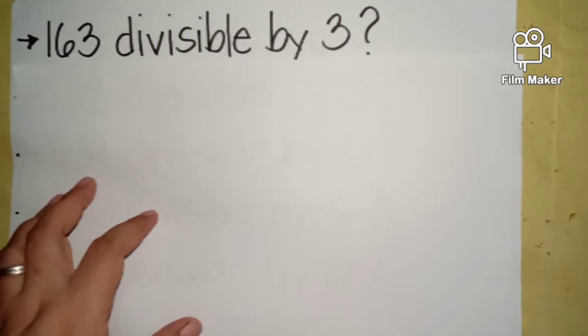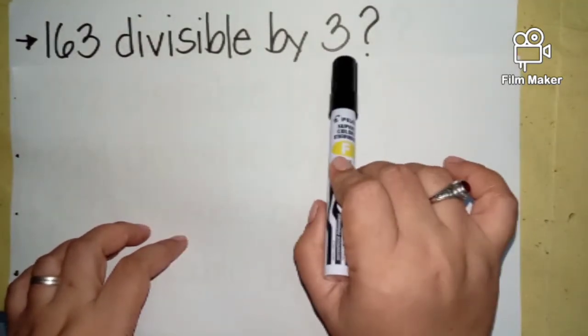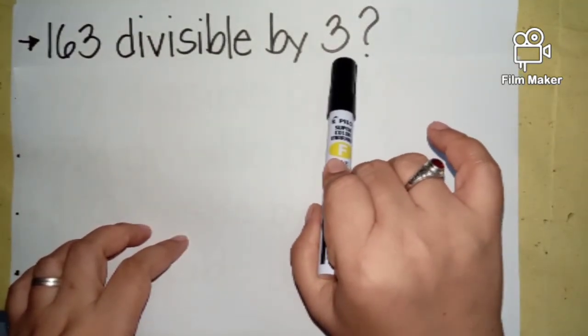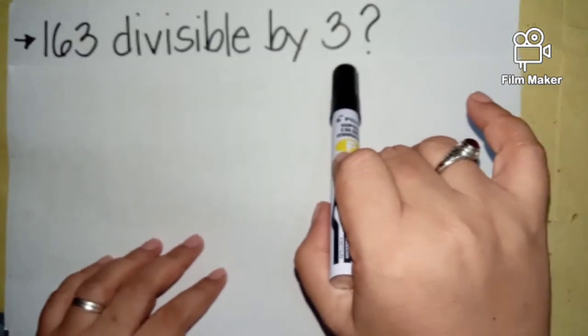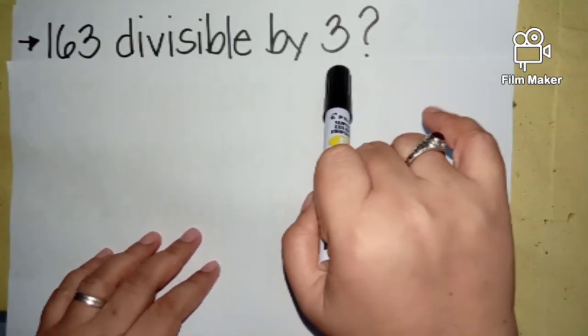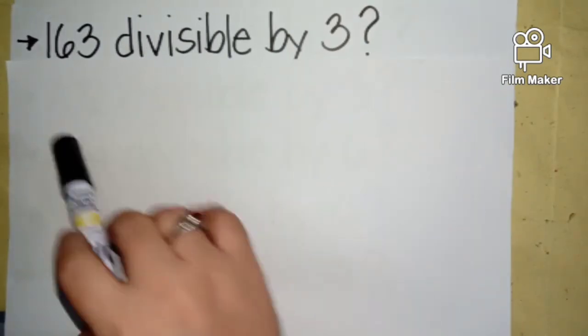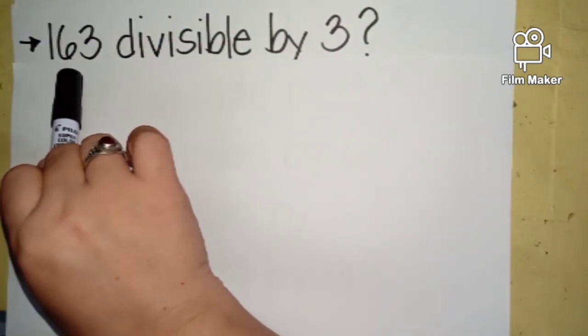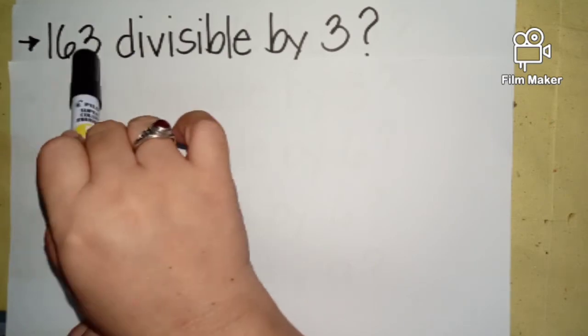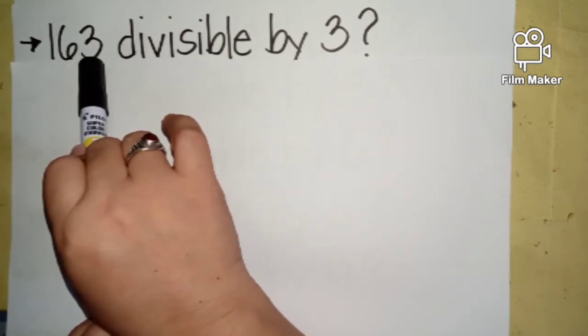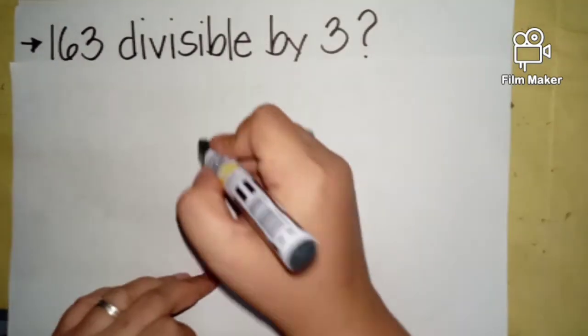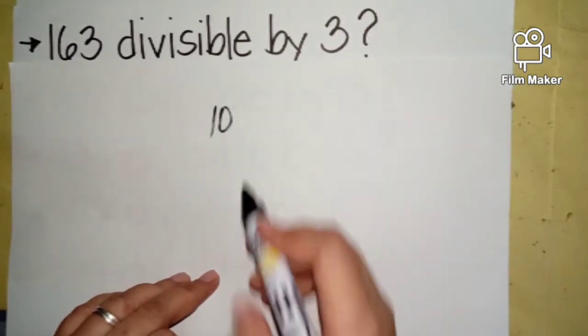Is it divisible by 3? Okay. How are we going to do that? The rule for 3 is add the digits. So 1 plus 6 is 7. Plus 3 is 10. Diba? It is 10. So 10 divided by 3.